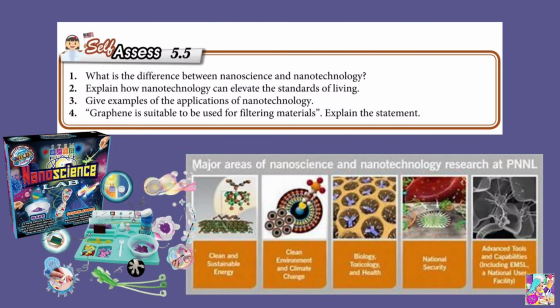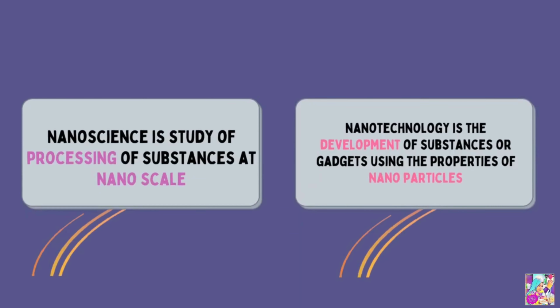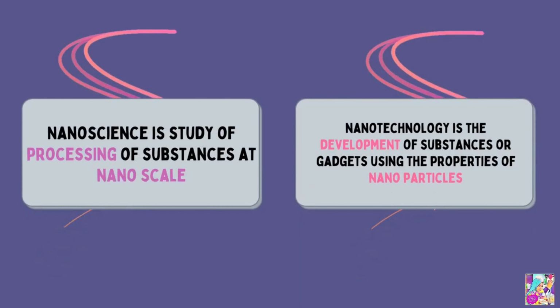And then clean environment and climate change, biology, toxicology and health, national security, and then advanced tools and capabilities, including EMSL, a national user facility. These are the major areas for this technology.